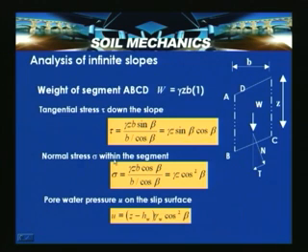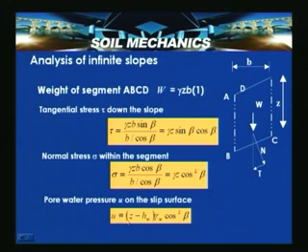Normal stress sigma within the segment is, similarly, sigma equal to gamma z cos square beta. Now, the pore water pressure U on the slip surface, that is, this failure surface here: HW is the water height from the slope surface, the top surface of the water is HW units below the slope surface, hence this height is z minus HW.